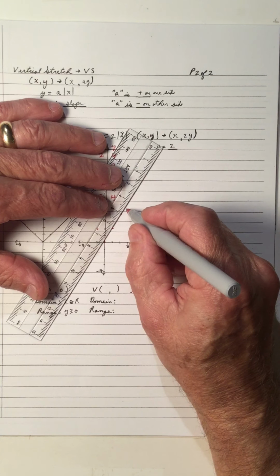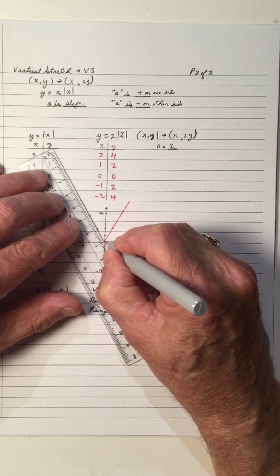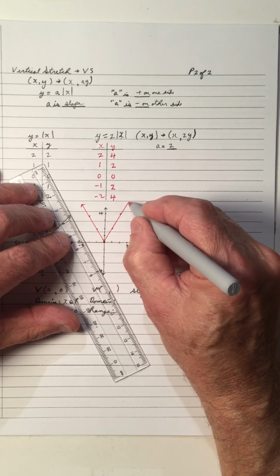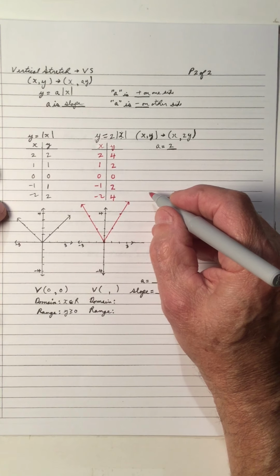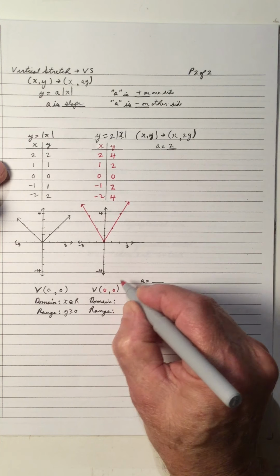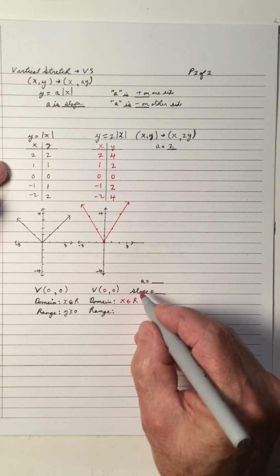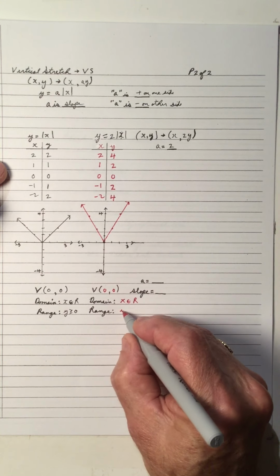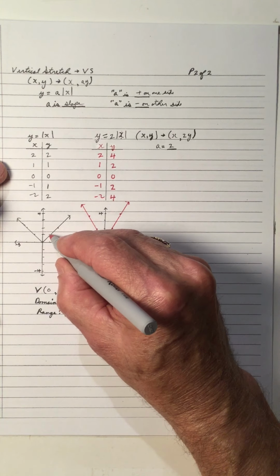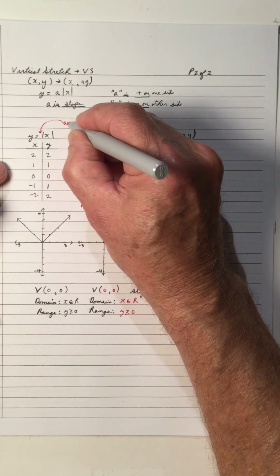Again, very similar, but the only difference is that the y value is doubled. There's the graph. Notice now that the vertex is still (0, 0). The domain is still x belongs to the real numbers, and the range is y is greater than or equal to 0.